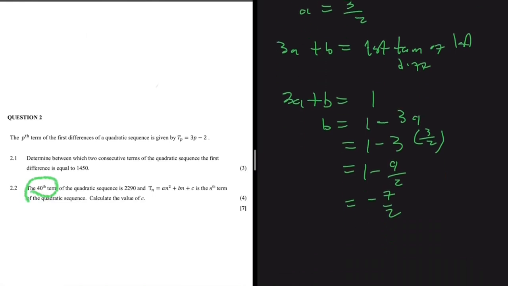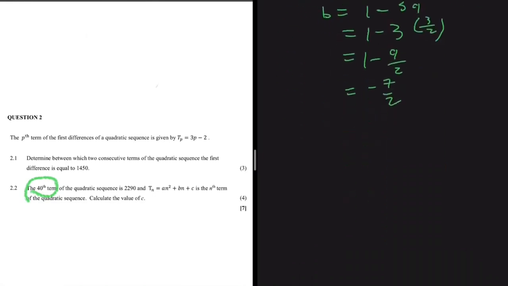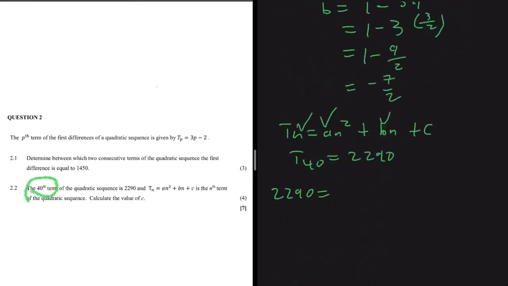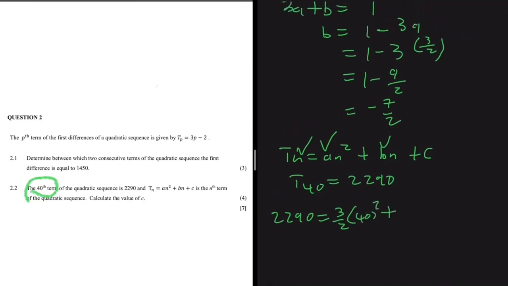Now we have the value of b, right? We can substitute in our equation and find c, because we know that Tn is equal to an squared plus bn plus c, and we are told that T40 is equal to 2290, right? We have a, we have b, we have n, so we can find c. So we're going to have 2290 is equal to a, which is 3 divided by 2, and then n is 40, we square, plus b, which is minus 7 divided by 2 multiplied by 40, plus c.